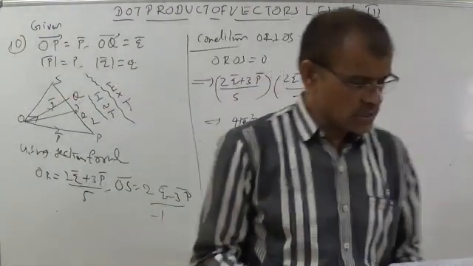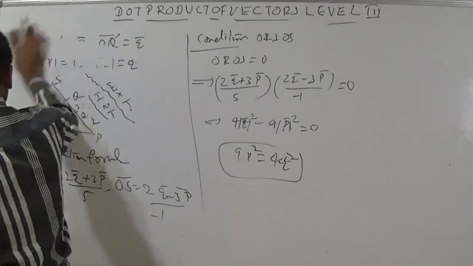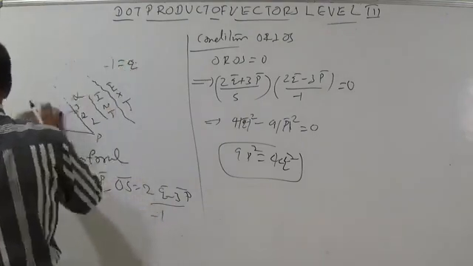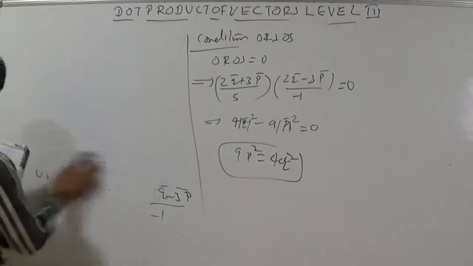Next, let us see the 11th question. 10 questions completed. The vectors capital X and capital Y are given.